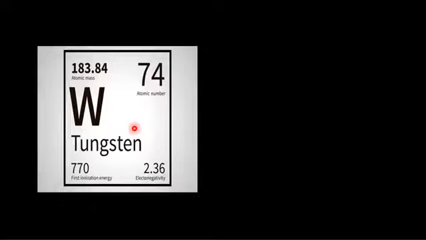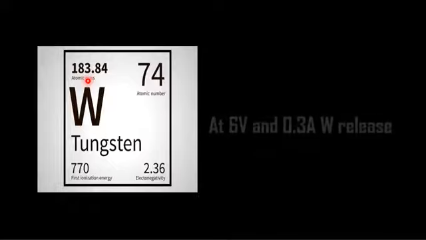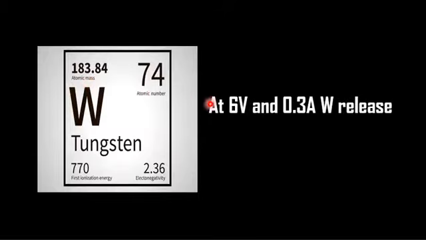However, the good thing about tungsten is that it emits electrons in an efficient way by application of a very small potential and current. Even if you apply 6 volts on tungsten and a current of 3 ampere, tungsten can easily release electrons by the process of thermionic emission.